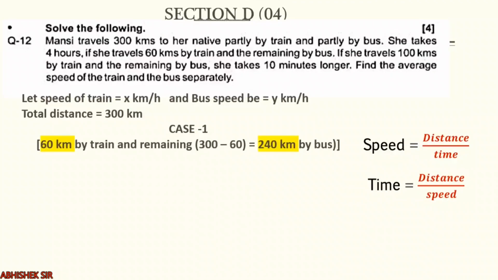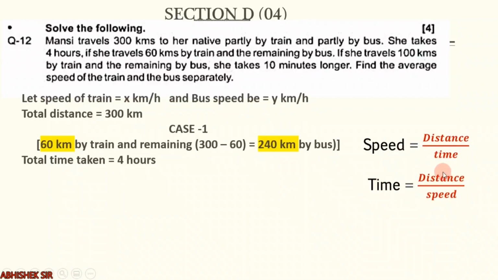So case 1, 60 km by train and the remaining by bus, that means the remaining is 300 minus 60, 240 km. The total time is already given, 4 hours. So 4 hours will contain traveling time by train and traveling time by bus. The first term will be of the train, that is distance upon speed.